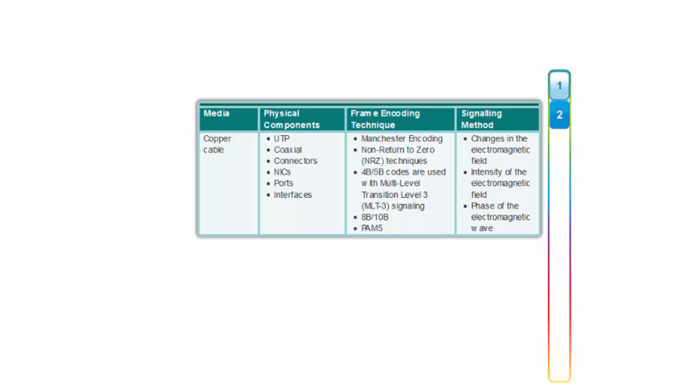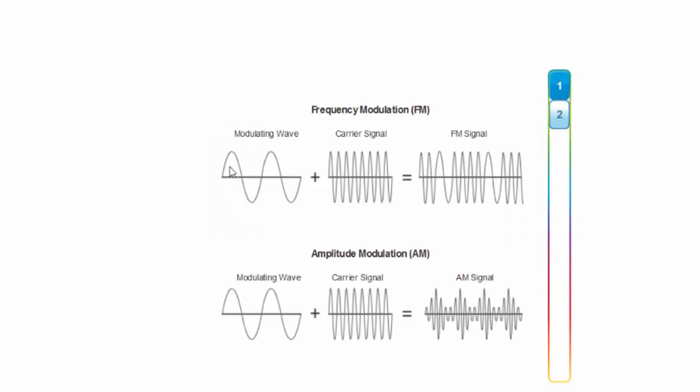Signaling can use as well one of two types of technologies. So this is the signal that we're trying to transmit, and we have two types of technologies which are used to represent this signal on the line, either using a variable frequency, so we call it frequency modulation or FM signal.